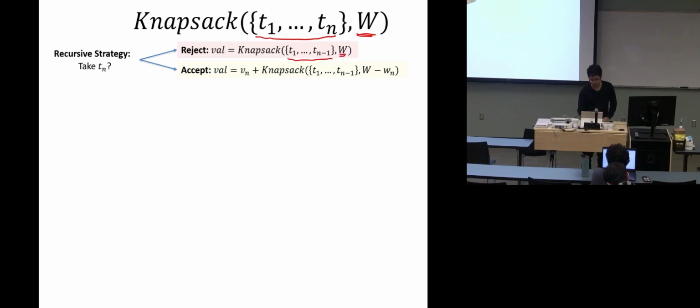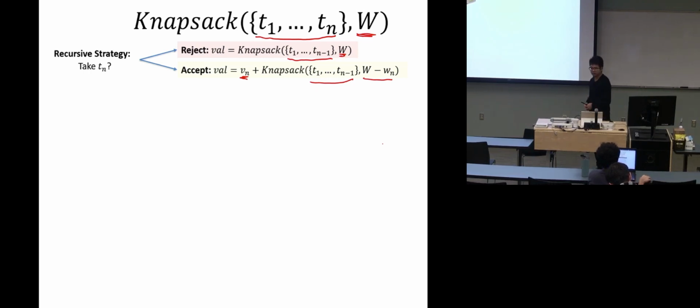Your capacity is still W. Otherwise, you add it into your collection. You recurse on the remaining objects, but now it's the same problem except that the capacity is reduced from W to W minus Wn. Okay?